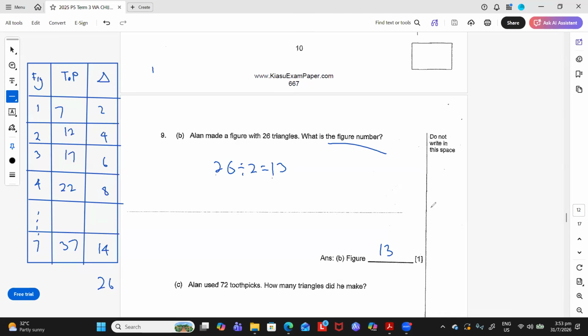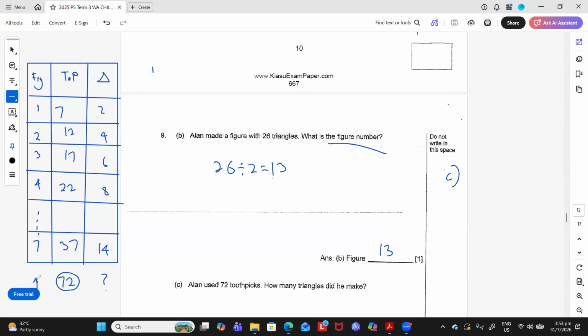Okay, next one. Alan used 72 toothpicks. How many triangles did he make? So I'll do part C over here. So for part C, they give you this number here, 72. Your job is to go and find how many triangles did he make. So the plan here is using the 72, I'm going to find the figure number first.